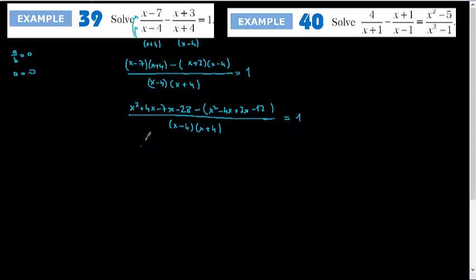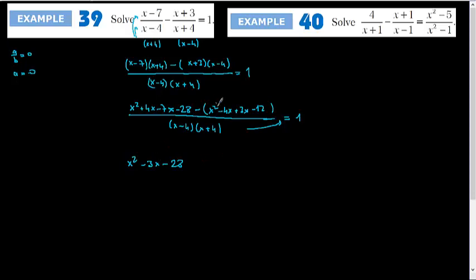Then if I cross multiply this term and rewrite this part again: x squared plus 4x minus 7x minus 28, minus x squared minus x plus 12. 4x minus 7x is equal to minus 3x, then minus 28.